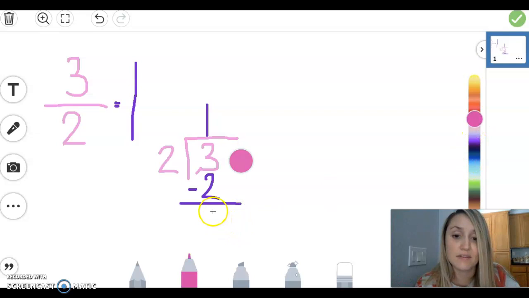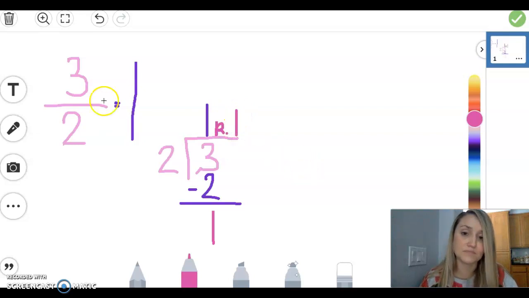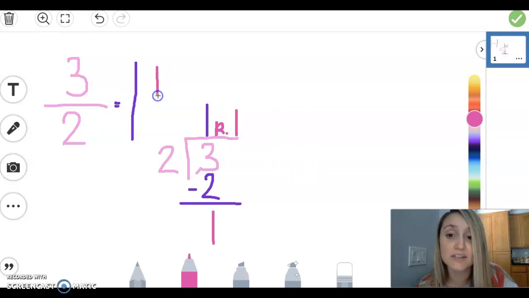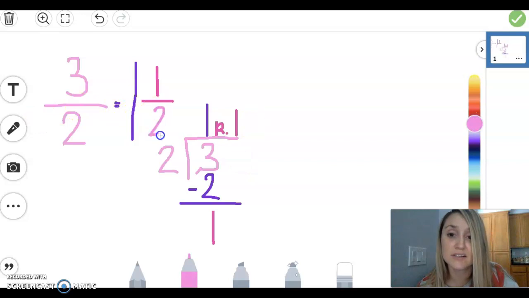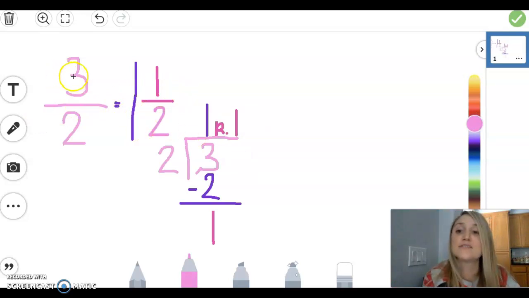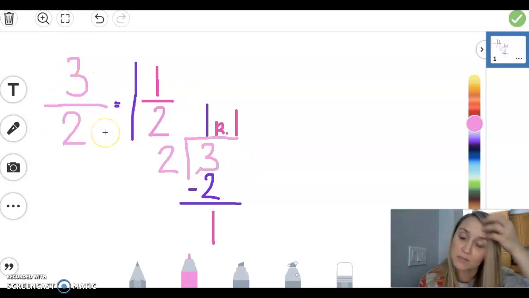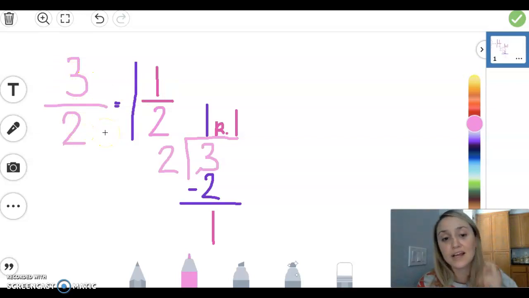Then you'd have your remainder, which would be 1. Your remainder is always going to be the numerator, and then your denominator stays the same. So 3 over 2 as a mixed number would be 1 and 1/2.